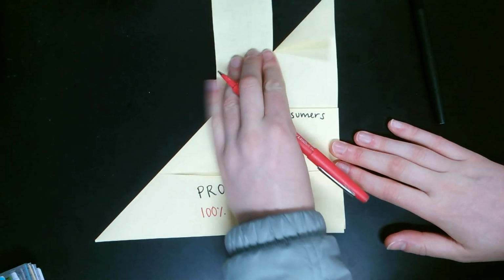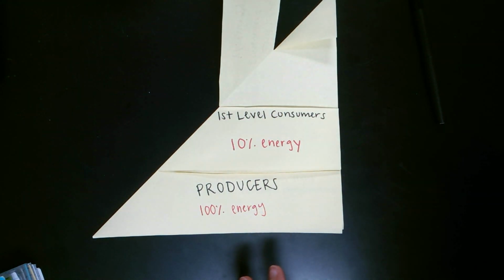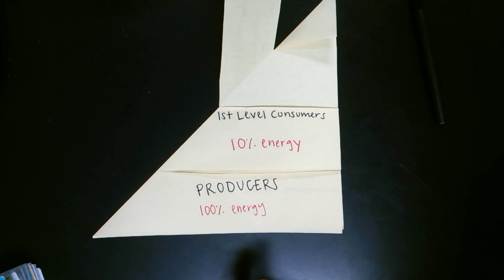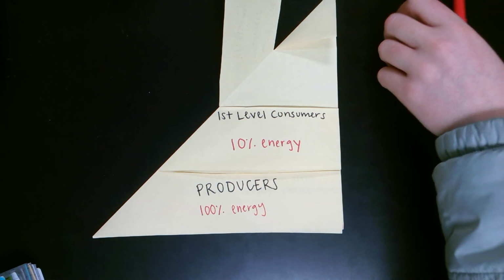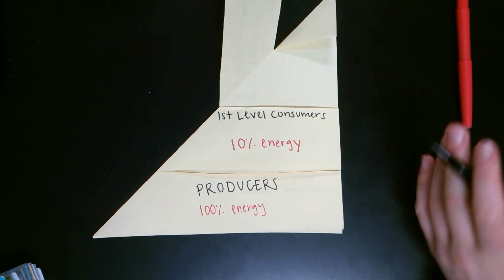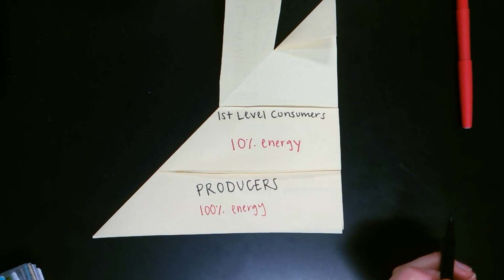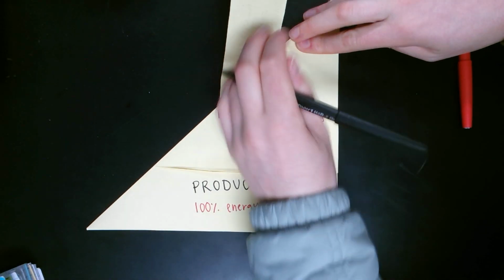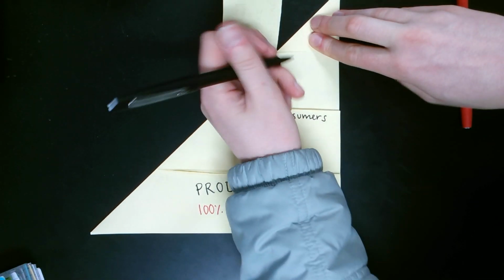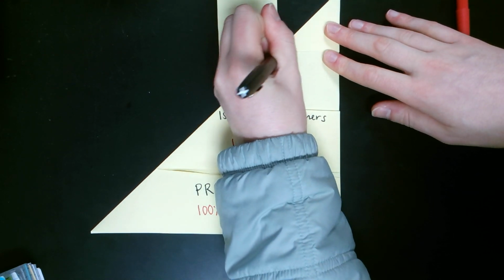I'll flip this open, and second level consumers are mostly what we refer to as omnivores. That means they eat both plants and animals. We are mostly omnivores, humans are. So these are omnivores.